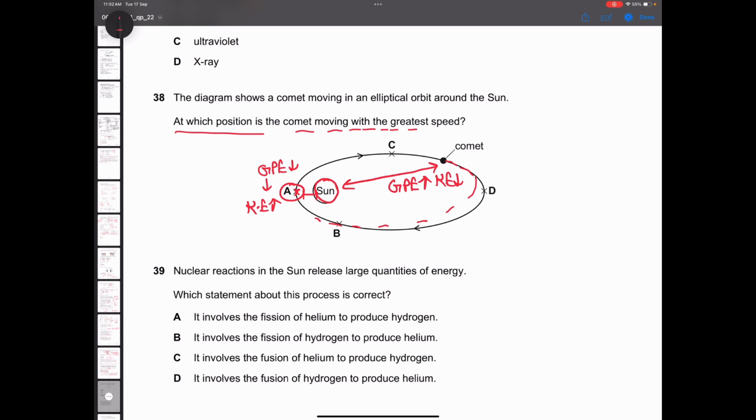So at point A, it is moving at higher speed. I'll repeat this again. As you go away from the sun, the gravitational potential energy with respect to sun will increase because the distance is increasing, but the kinetic energy will decrease. Then, as you are moving close to the sun, the gravitational potential energy will be the least because the distance is the least. Kinetic energy on the other end will be the highest.